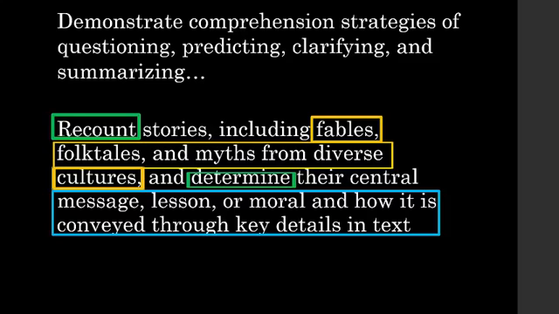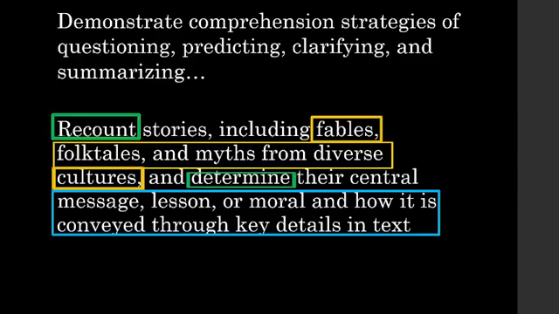And then the blue box cites what within those selections or within those types of readings I'm going to have to determine and then recount. So two different skills going on here. Number one, I have to find from my readings what the central messages, lessons, or morals are, and how they are conveyed through the information in the text.